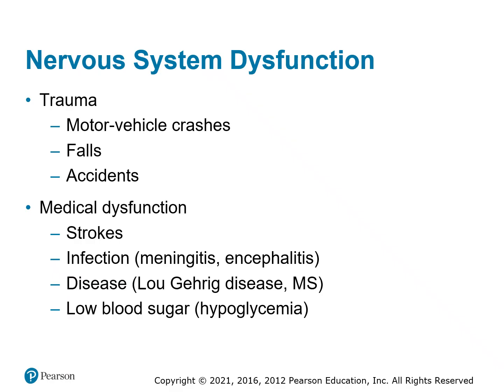You can have medical dysfunction of the nervous system, as in strokes. Strokes can be brain bleeds, or a blockage of an artery, killing the cells beyond it. Infection, meningitis, encephalitis. There can be diseases, and blood sugar can also affect your nerves a little bit.